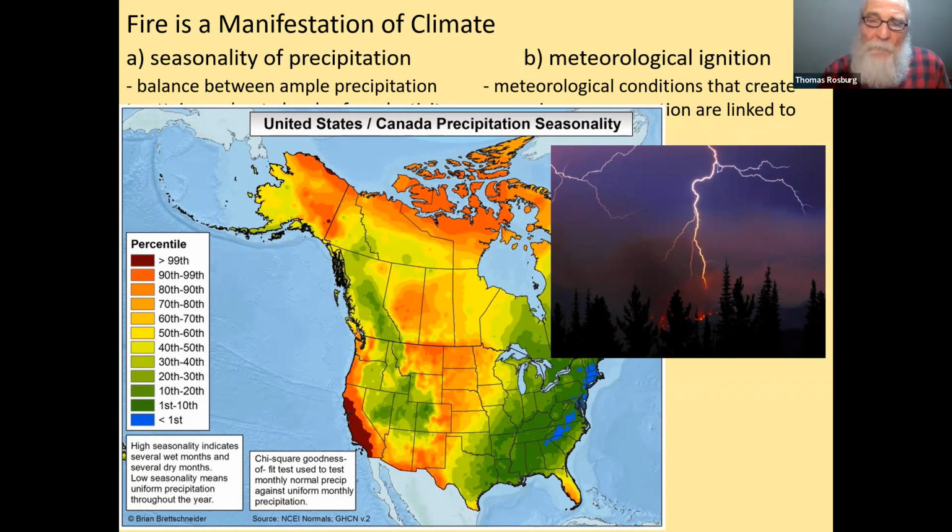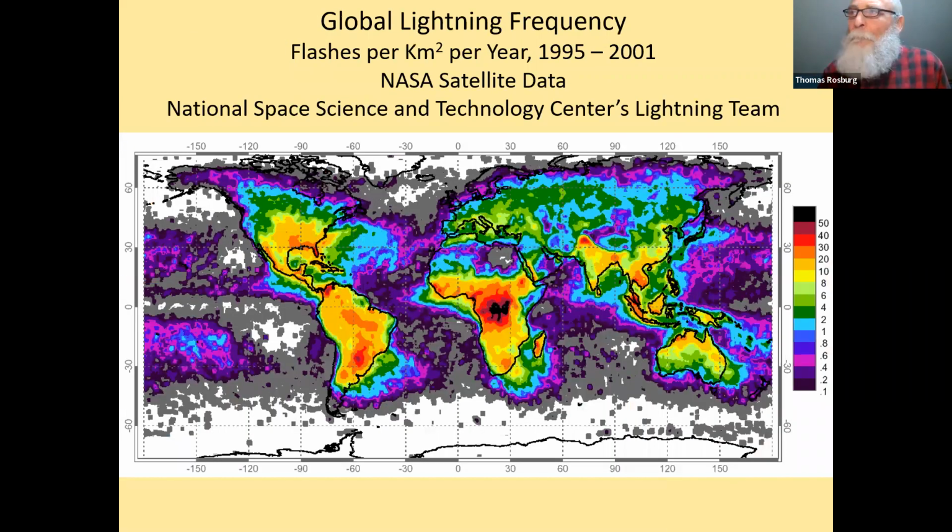So how common is lightning? I've got a couple of maps here that show two different versions of measuring lightning. One of them here is with satellites that NASA has. There's a couple of different satellites that have lightning detectors on them, but basically they use high-speed cameras to try to detect the occurrence of lightning up higher in the atmosphere.